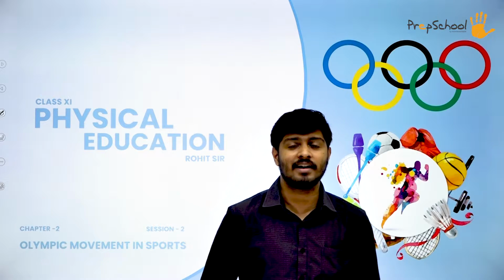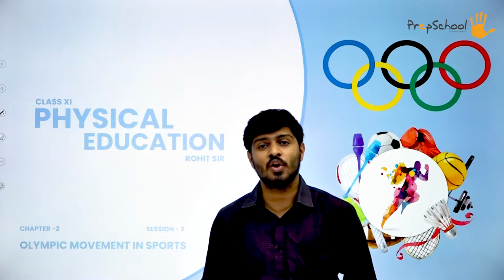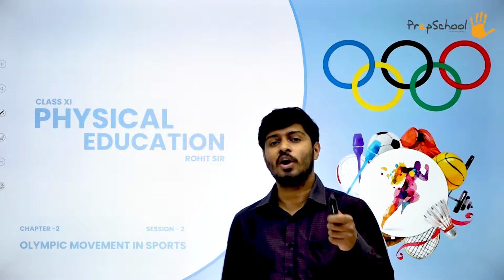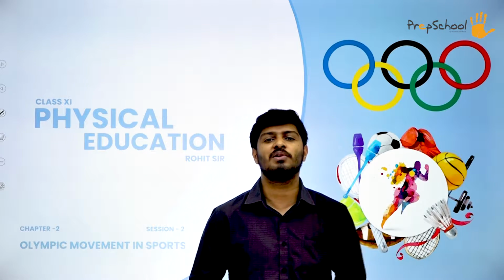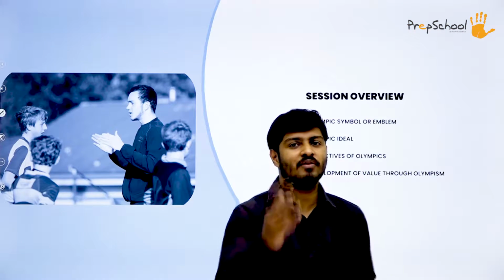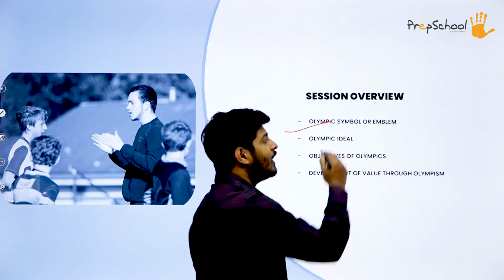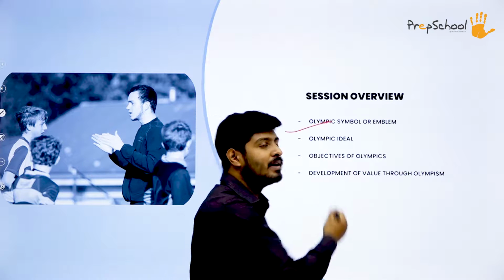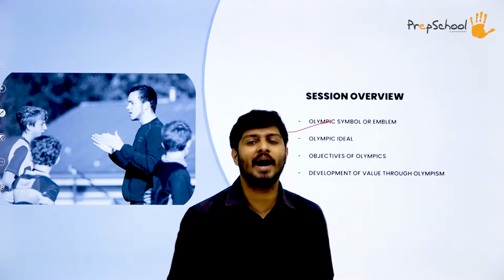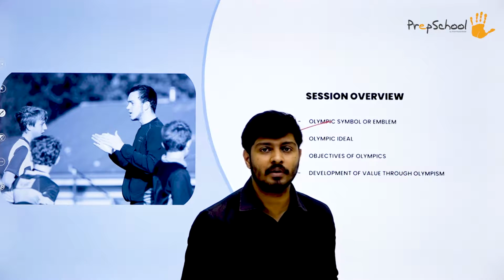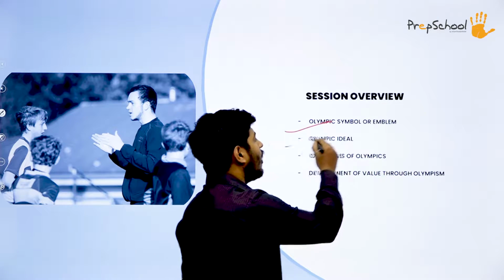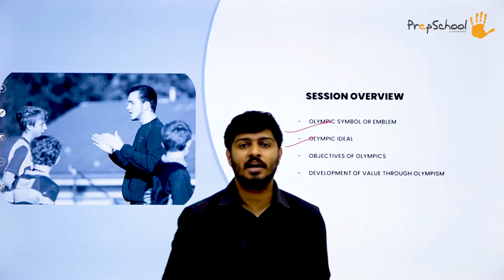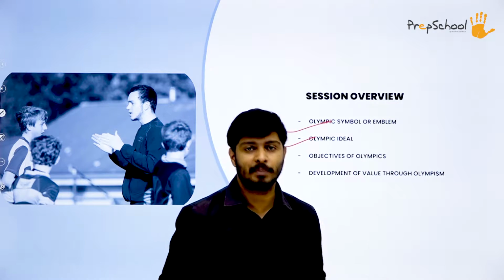Having said that, let's carry forward with the session overview, where we will look into what topics we will be covering in this particular session. First, we will start off with the Olympic symbol or Olympic emblem, where we will study the significance and importance of the symbol, its meaning and how it has been formed. After that, we will see the Olympic ideal, where we will study different ideals of Olympics.